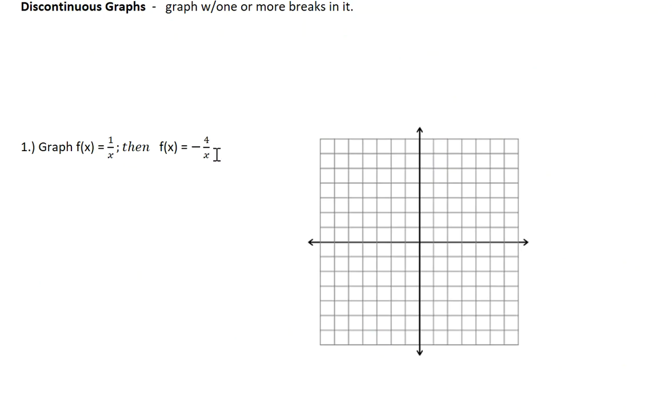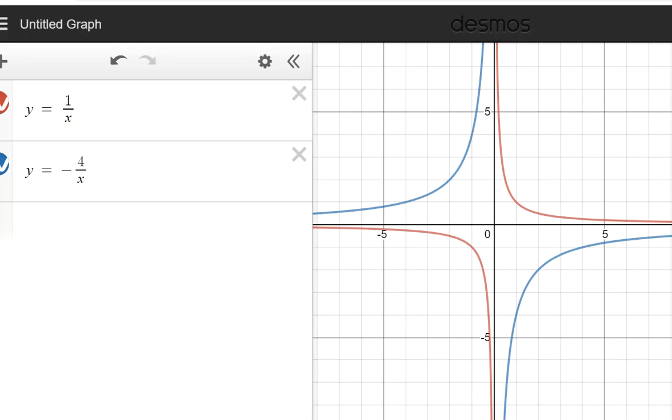And then what I'm going to do, and you might want to use a different color pen or marker, we're going to graph f of x equals -4 over x. Now that graph is shown in the blue right there, and I want you to notice a couple different things. You can see that the blue is now reflected over the x-axis on both sides, and that has to do with the negative.